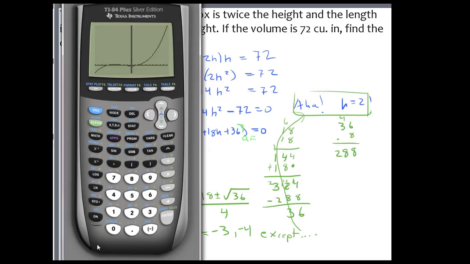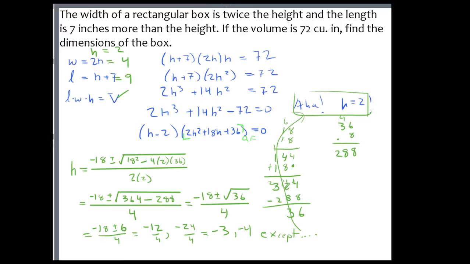It crosses the x-axis twice on the negative side, and then it crosses on the positive side. And I could pull up the table of values and see when x is 2, y is 0. I could scroll through and find these negatives. Yep, there's negative 3. And that's not negative 4. Did I mess up? Oh, it's negative 6. Can I not divide? I can't divide. Whoops.